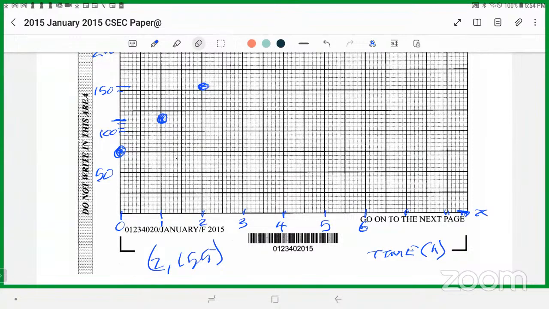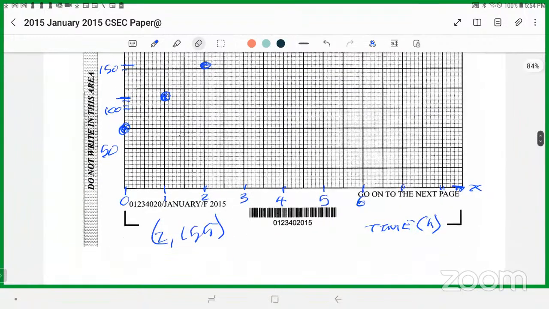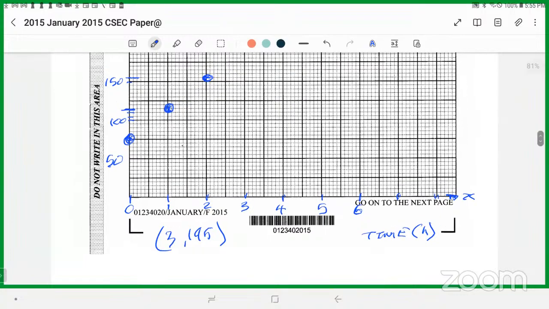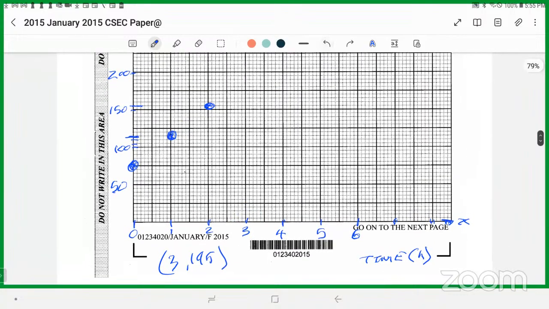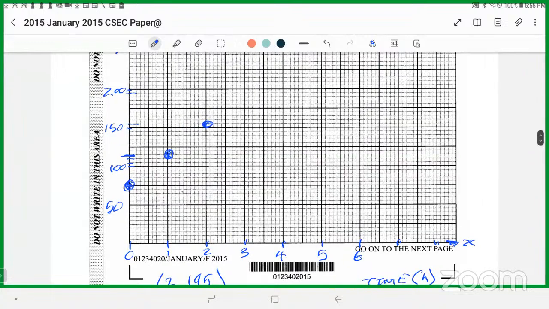The next point was adding 40 again. So you're going to get 3, 195. 195 is right below the 200 on this line. So we're talking about right here.